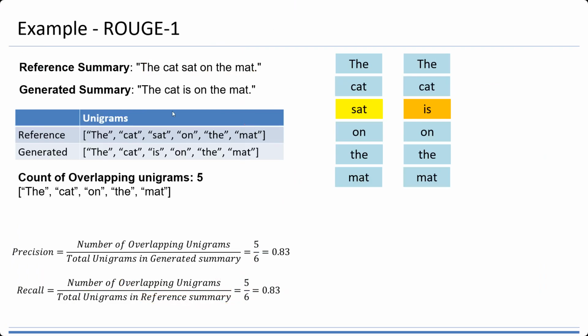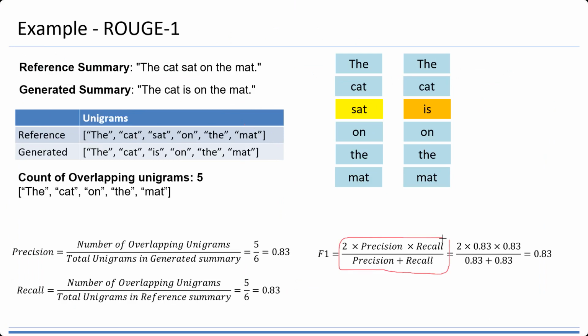For ROUGE, usually we apply the F1 score. If you learn classification, you will know about the F1 score. And this F1 score is the result from precision and recall: 2 multiplied by precision multiplied by recall, divided by precision plus recall. Then you will have 2 multiplied by 0.83 multiplied by 0.83, divided by 0.83 plus 0.83.